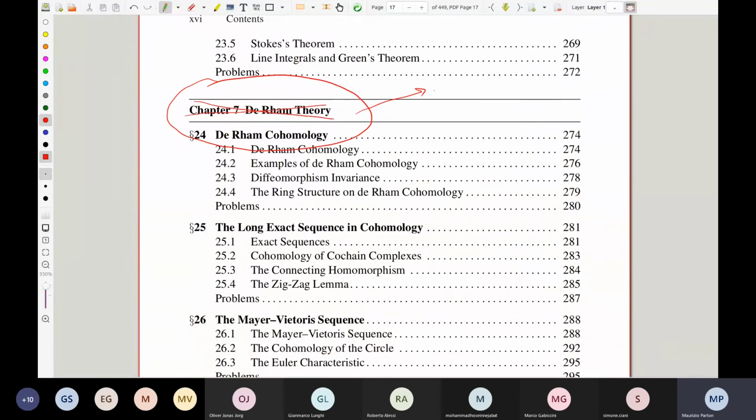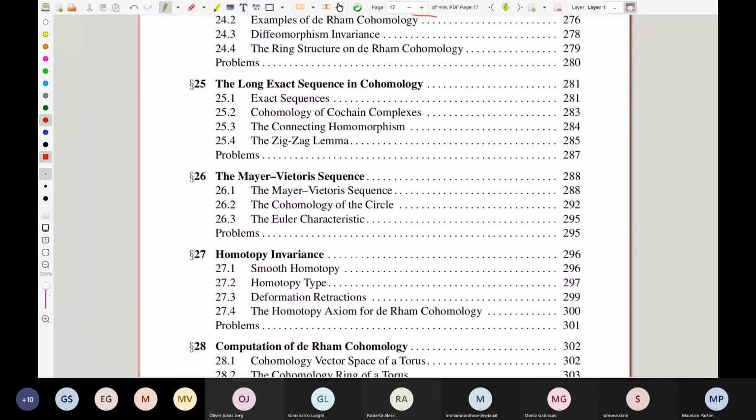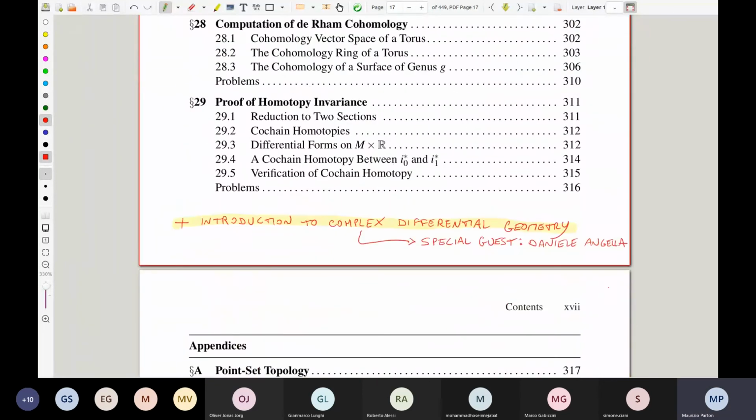I am just telling you that Daniele, who will teach you the last lecture, is a specialist in this topic. So if before the last lecture you start reading this topic, you can ask him. And in the last lecture, Daniele will talk to you about a different part of differential geometry.